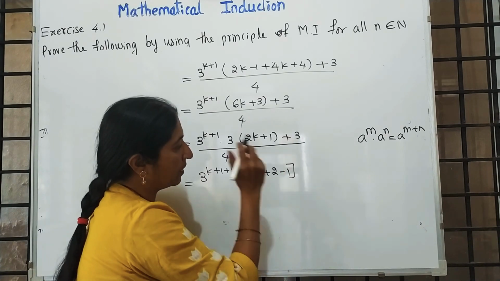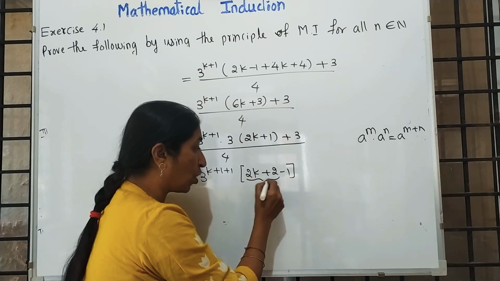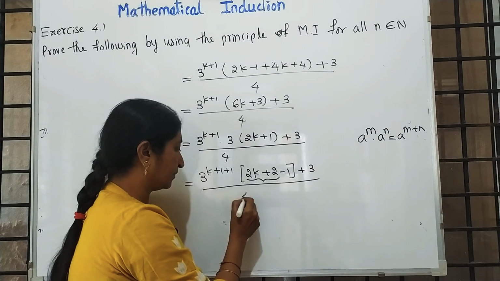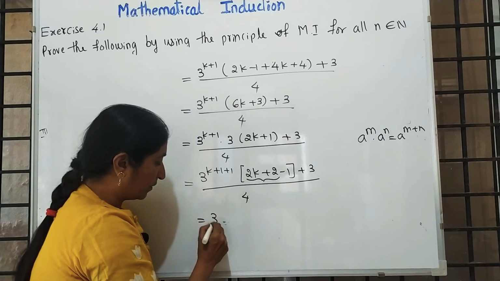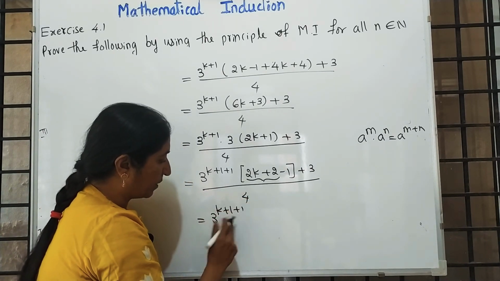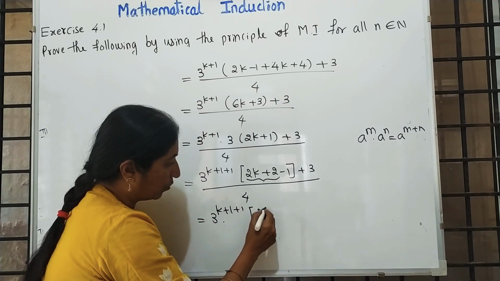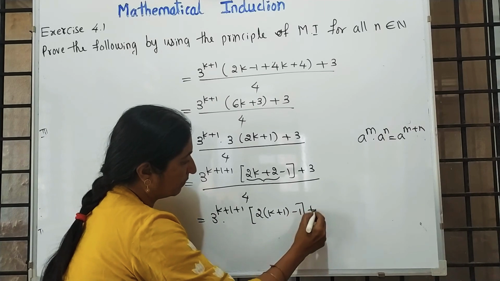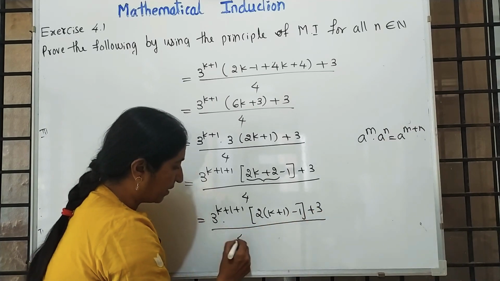Understood? 2 minus 1 is 1, and you can take 2 common, and after taking common it becomes k plus 1. This is 3 raised to k plus 1 plus 1 in the bracket 2 common in this underlined terms plus k plus 1 minus 1 plus 3 divided by 4.